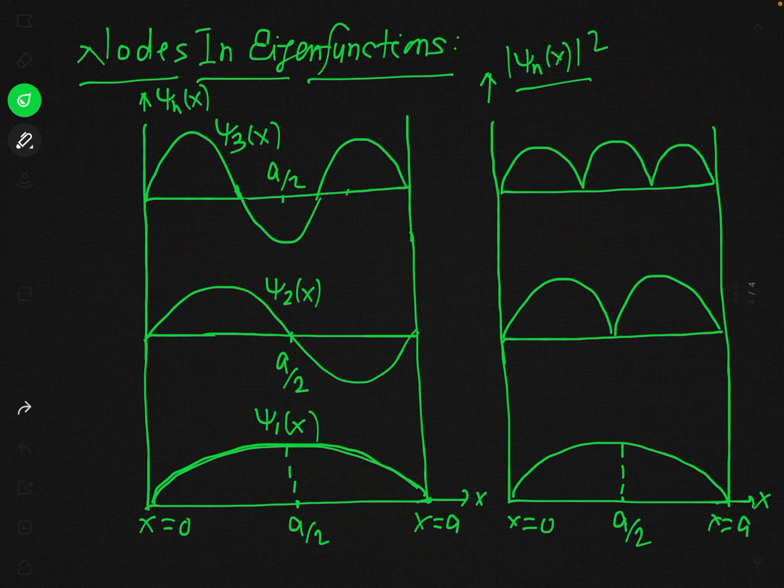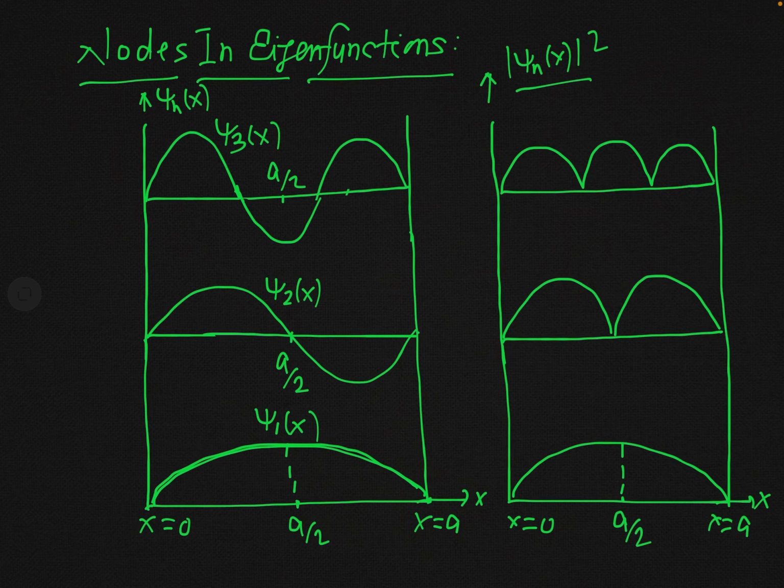So in the first excited state, the probability of finding the particle at the middle of the well is 0. And similarly, you can see the nature of the graph for the second excited state, that is for psi 3 of x in this figure.